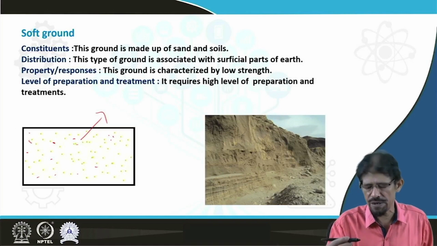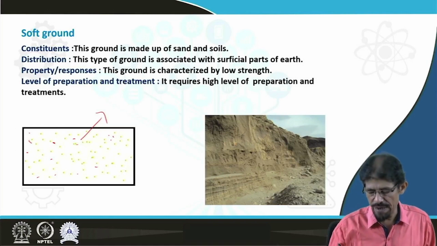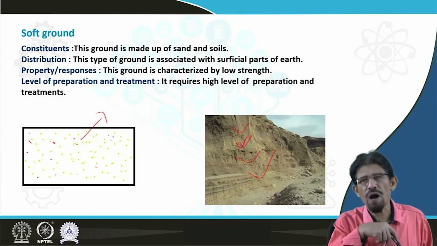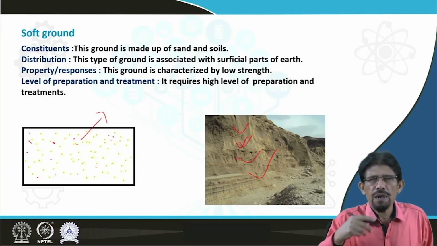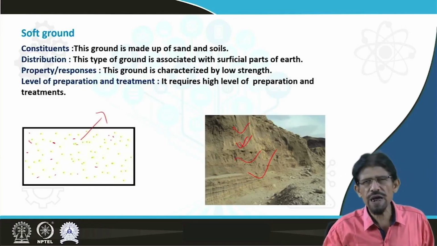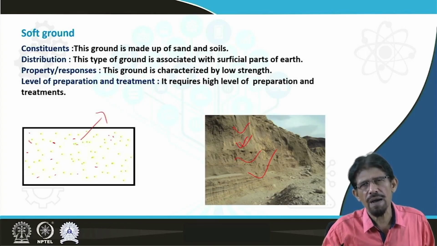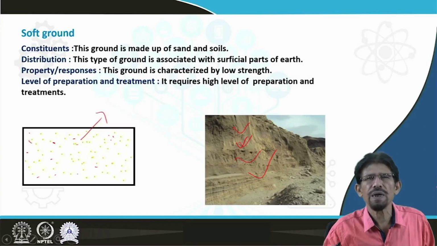Here we can see a good exposure of the soily soft ground from the Ladakh area. This type of ground requires a high level of preparation and treatment depending on the nature of the structures which we are going to construct.